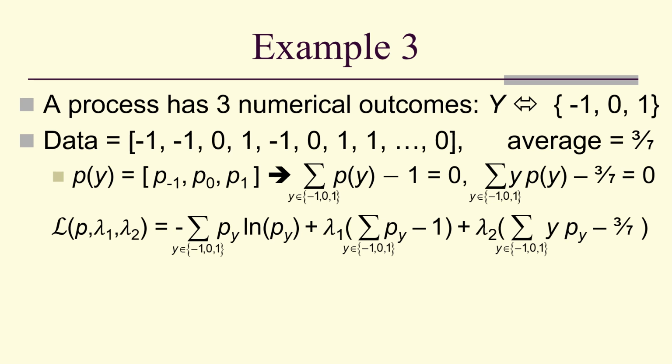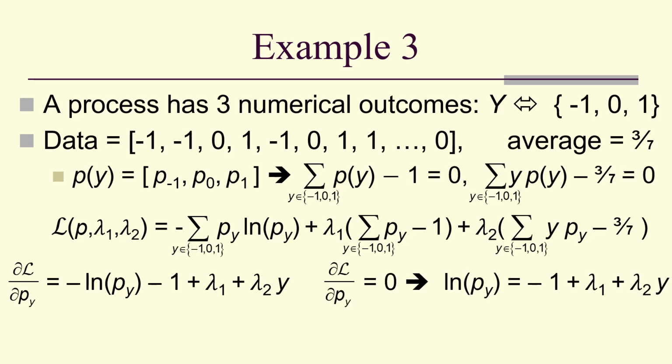There's our Lagrangian, and we take the derivative with respect to p sub y, and there's our familiar friend, the negative natural log of p sub y minus 1 plus lambda 1 plus lambda 2y. The derivative is 0, and log p sub y is -1 plus lambda 1 plus lambda 2y.